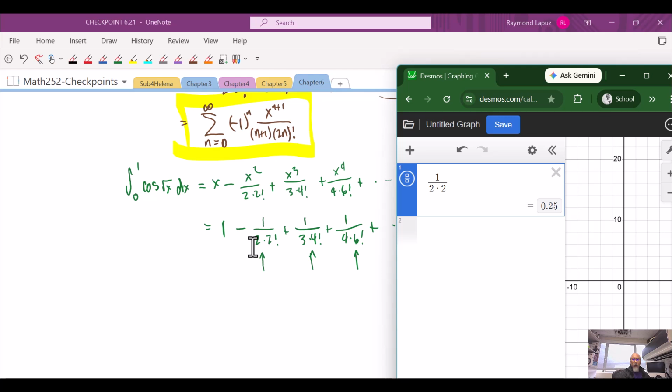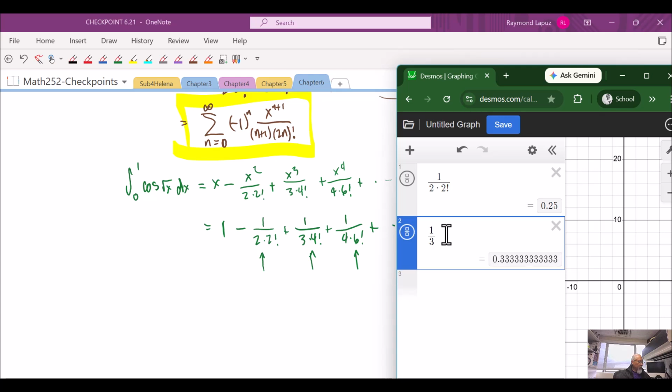So let's start with 1 over 2 times 2 factorial, and we get 0.25. So that's still a significant amount. Let's take a look at 1 divided by 3 times 4 factorial. That's 0.01, so that looks like it's contributing a little bit still to within that error that we want.